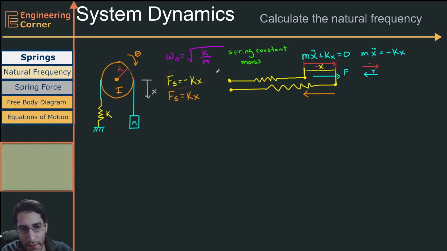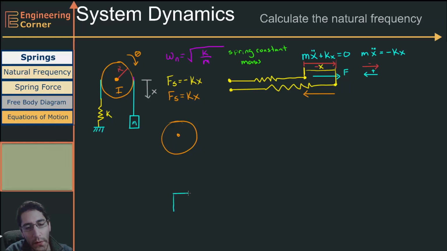So we want to draw the free body diagram because we want to calculate the natural frequency. For the free body diagram, we're going to have a free body diagram of my pulley, and a free body diagram of my mass.